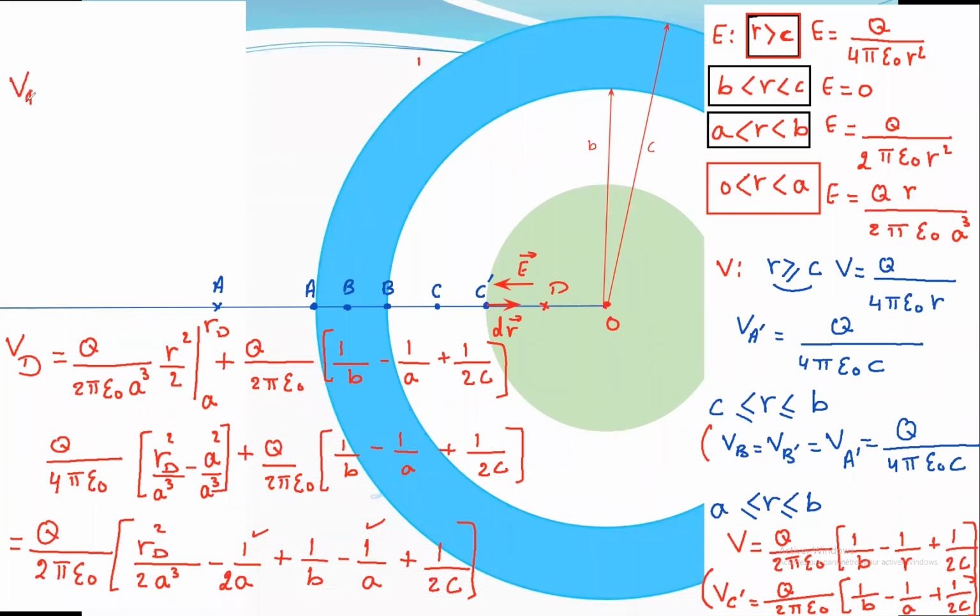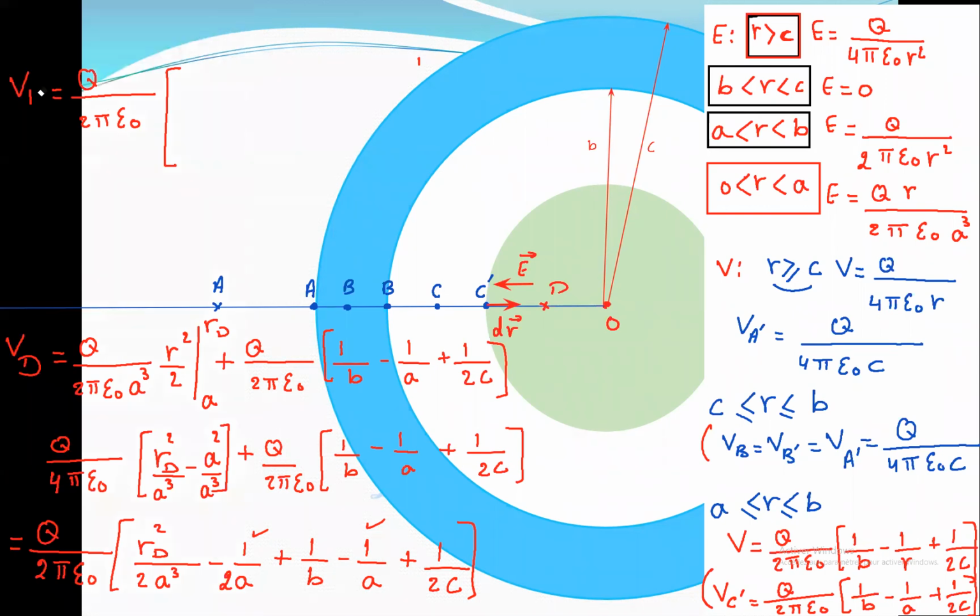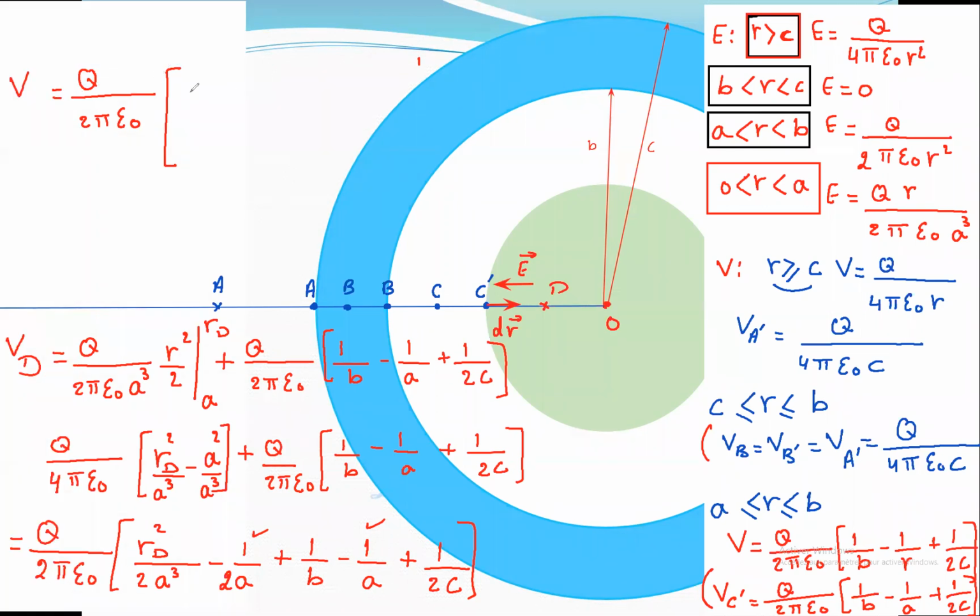We can say VD equals Q divided by 2 pi epsilon 0 times, in general, V at any point r in this region, equals r square divided by 2A cube, minus 1 over 2A and minus 1 over A. It means half minus 1 equals minus half minus 1, which equals minus 3 over 2, plus 1 over B plus 1 over 2C.